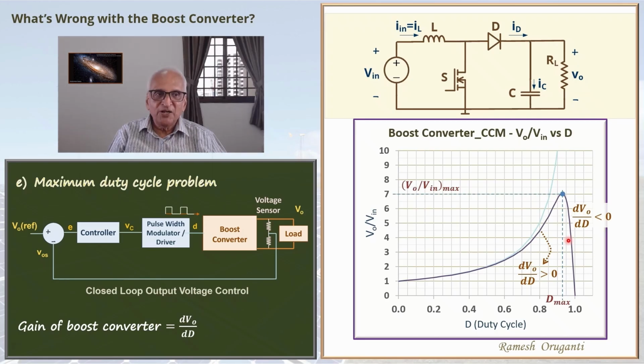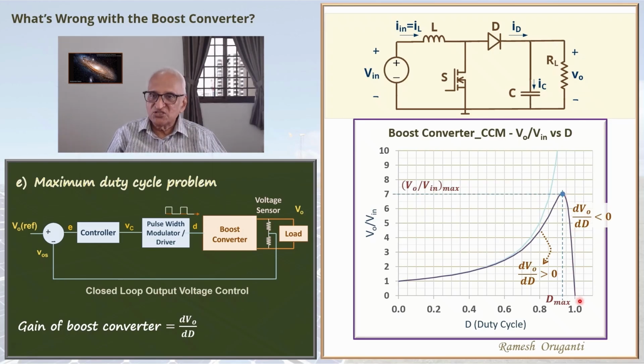Let us say that the operating point is to the left of Dmax. Then for a positive error, Vc will go up, duty cycle will go up, and the output voltage will go up to restore the original value. By chance, let us say we end up operating on this side, that is, when the duty cycle is above Dmax.